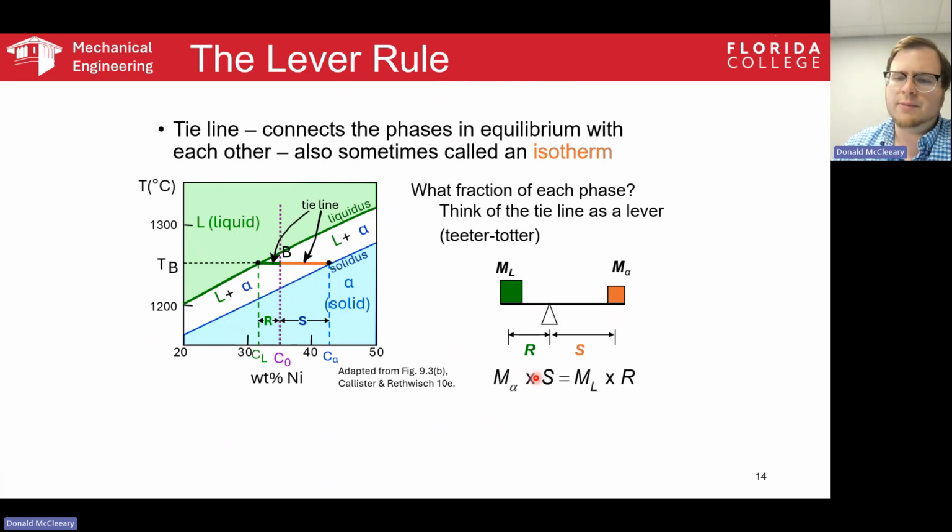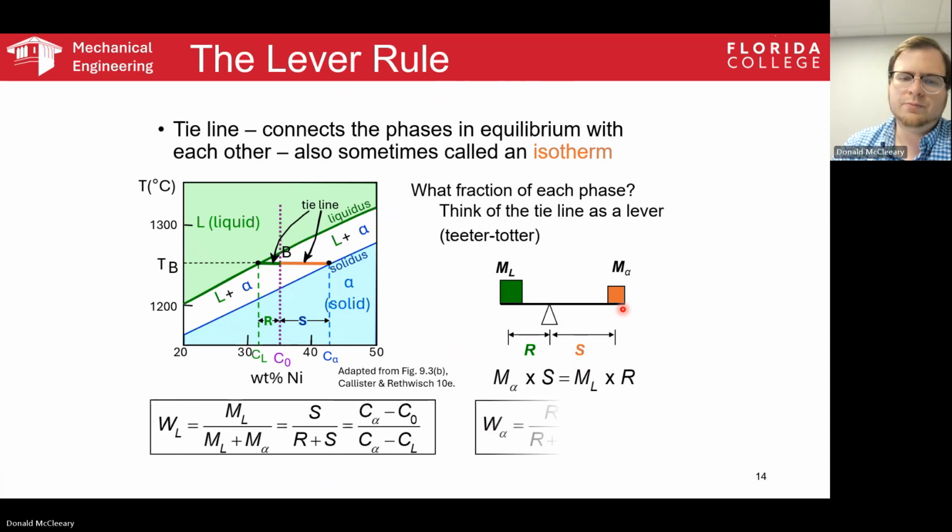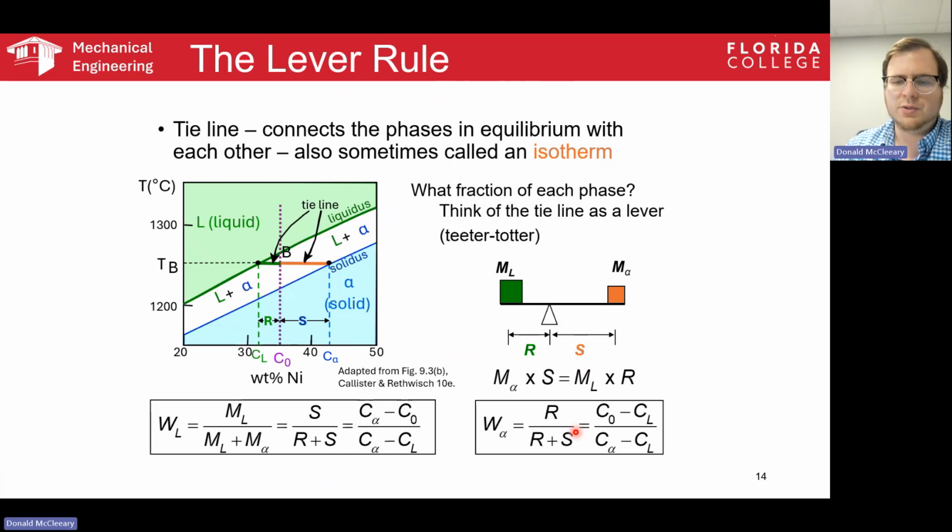So m alpha times S is equal to mass of liquid times R. And then using this relationship, you can find each one knowing S and R. And then you can generate these relationships and bring it back to specific compositions as well. So that's why these exist.